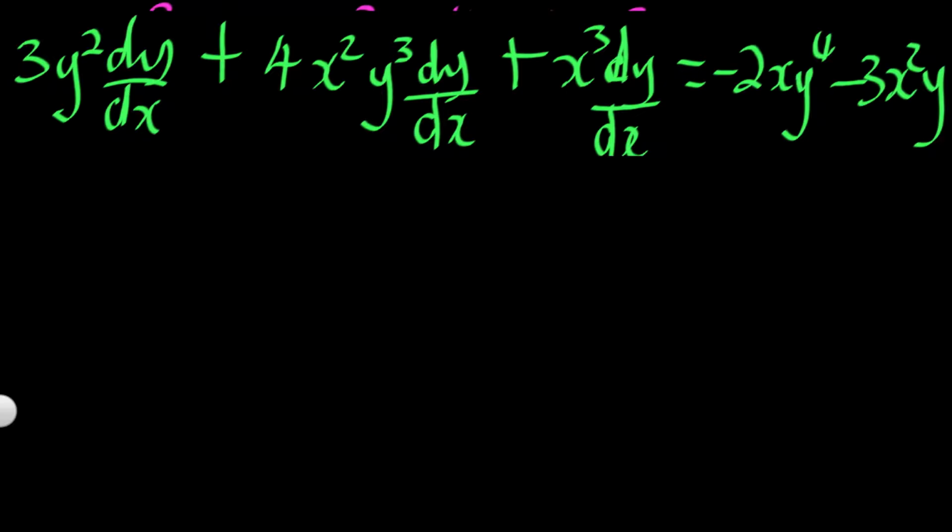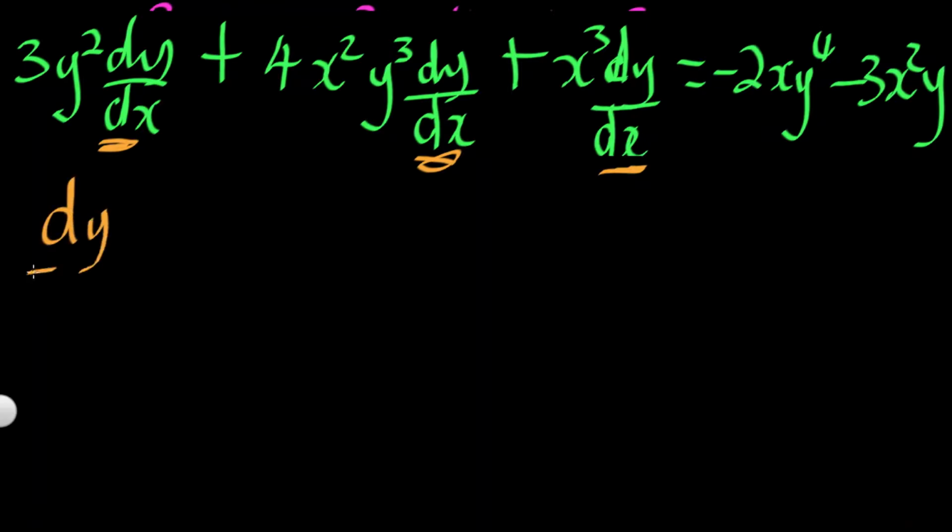Okay, I'm going to clear this board. Now I have rearranged like terms together. Everything that has dy dx, I'm putting together. Everything else I'm putting to the other side. Now, because dy dx is here, it is here, it is there, I can now factorize it. I can factor it out. So we're taking out dy dx.